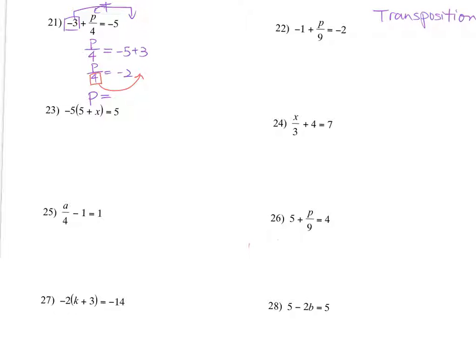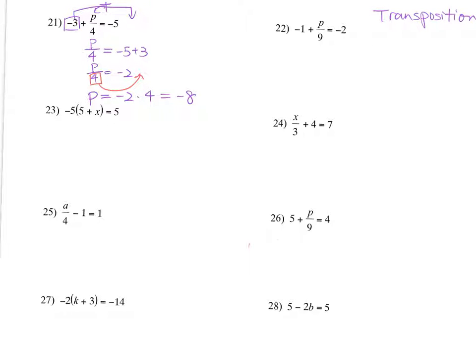So now I have only p left on this side, and I have -2 times +4. And notice that over here, I'm switching the denominator to the numerator, which is how it becomes -2 times 4. My final answer is p equals -5. I'm sorry, -8.